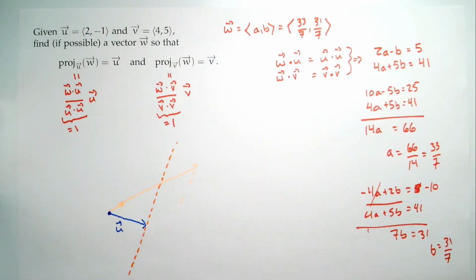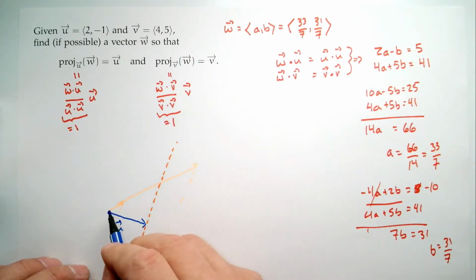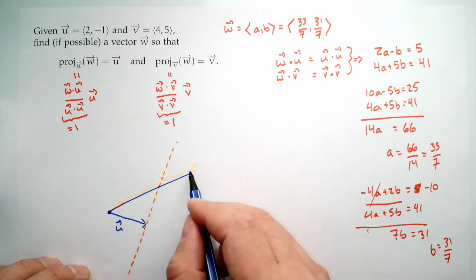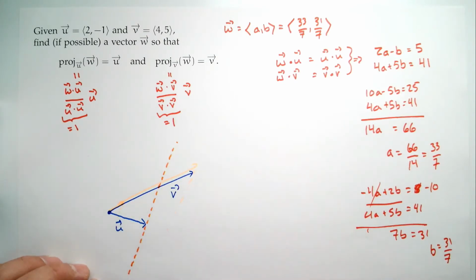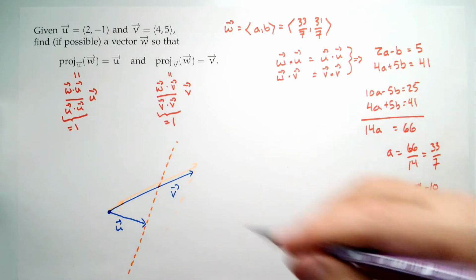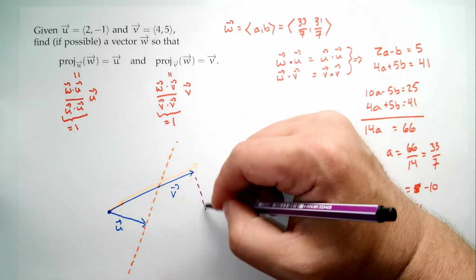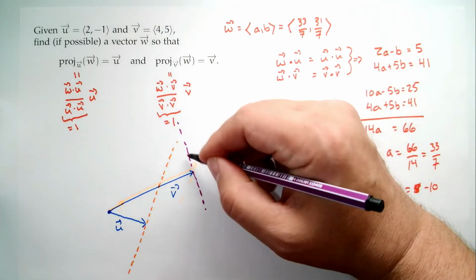Now that's u. What about v? Well, v goes out as 4, 5. Well, let's say this is v. Now what has to be true here? Same argument. You've got to be perpendicular to this segment, wherever it ends.